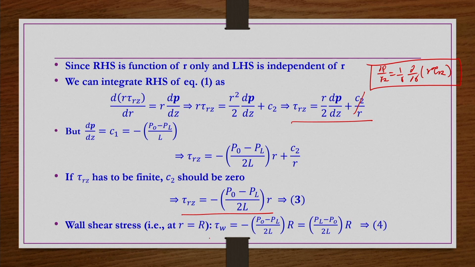If you need to know the shear stress at the wall, you have to substitute r equal to capital R, then we get τ_w equal to -(Δp/L)(R/2). So what do we do next? We try to obtain the velocity profile for the LS model fluid. Remember, till this point, we did not bring in any information about the rheology of the fluid.